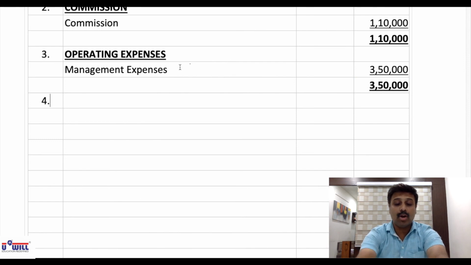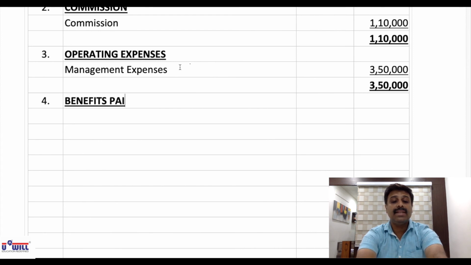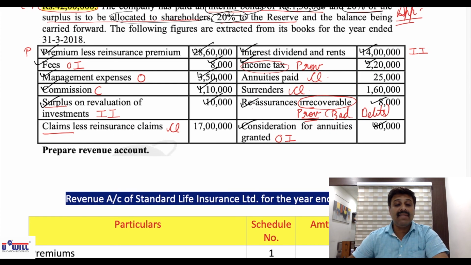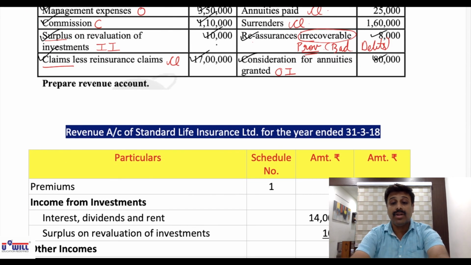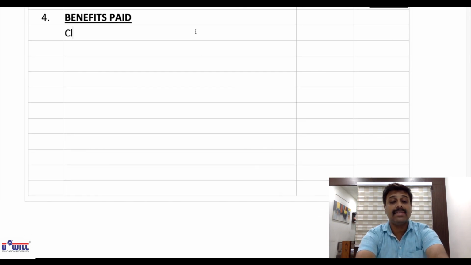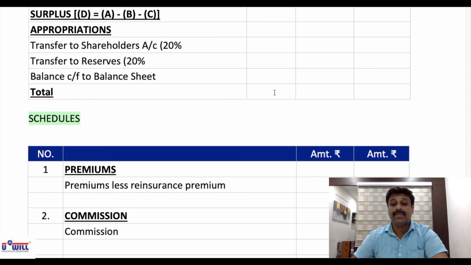Then fourth, after operating expenses we have benefits paid, that is CL marked items. Now in CL we have claims less reinsurance claims 17 lakhs. Then further CL more items are also there.